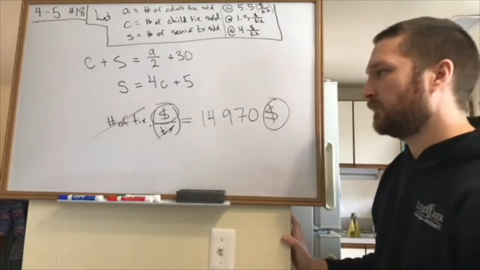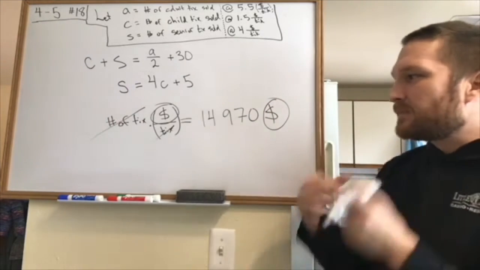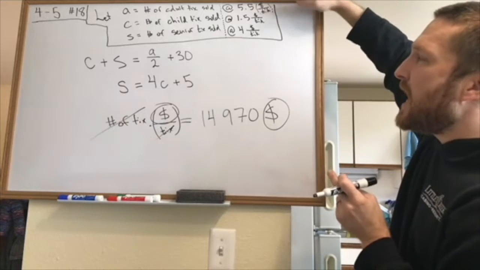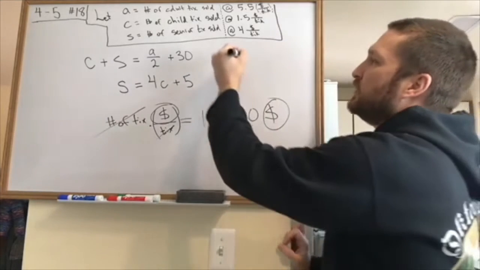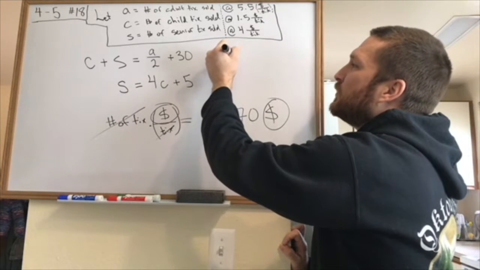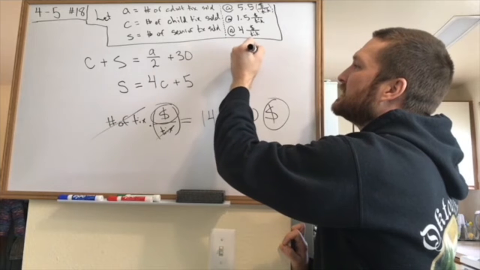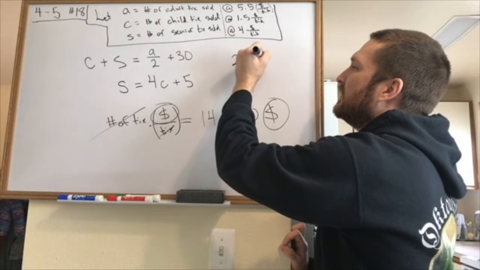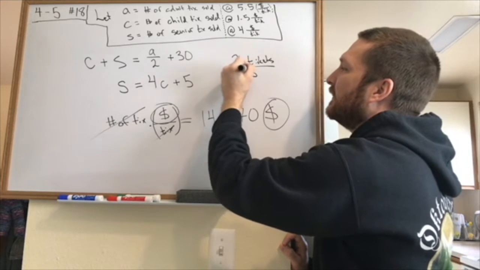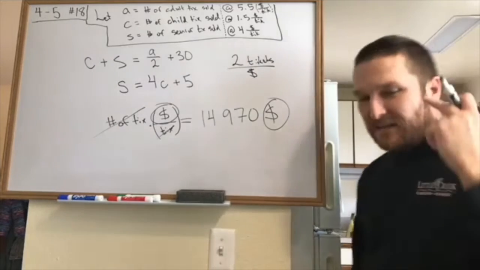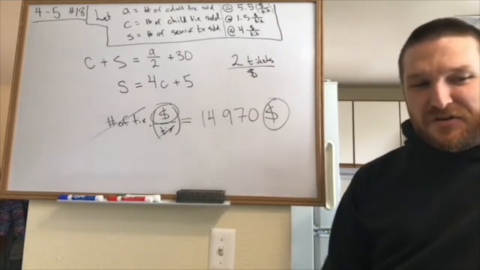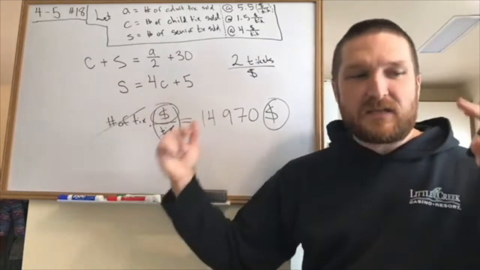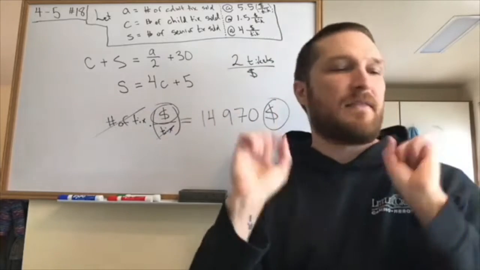looking for. So sometimes they'll give you the rate the other way around, right? Like if they say we sold these at 2 tickets per dollar, and you could get it in your head because you've done like 5 of these. Oh, I just take the rate and multiply by the variable.